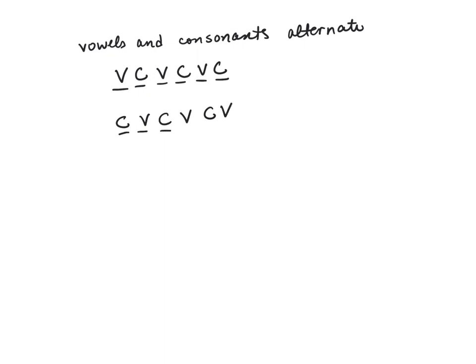So notice we've got two different cases. In this case, we said the answer was 3, 2, 1, and then 3, 2, 1. But then we could have this possibility, which is exactly the same thing, except we start with the consonants.